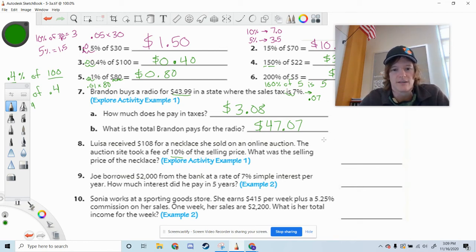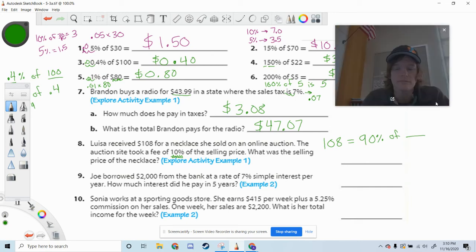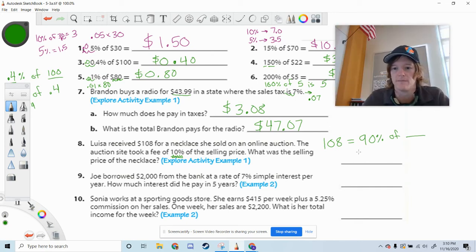So here we have 108 is 90% of the price. Okay, so in other words, 108 equals 0.90 times P.